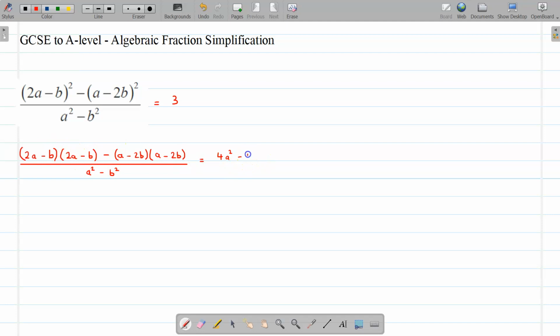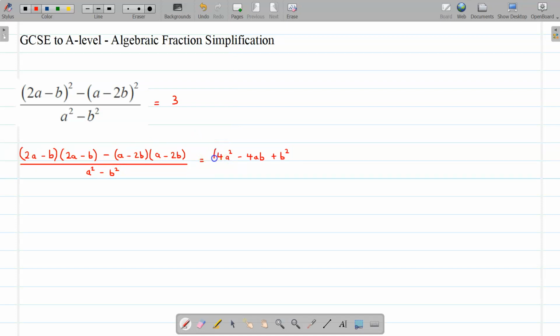So it's minus 4ab altogether, combining the outer and inner terms. And the last term is plus b squared, because it's minus b times minus b. So that part there represents the first product of these 2 brackets.